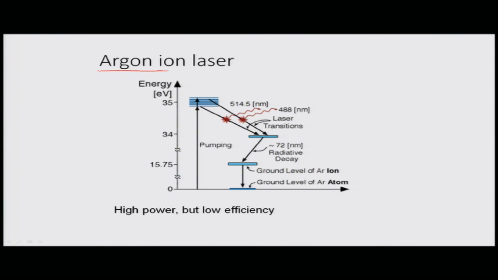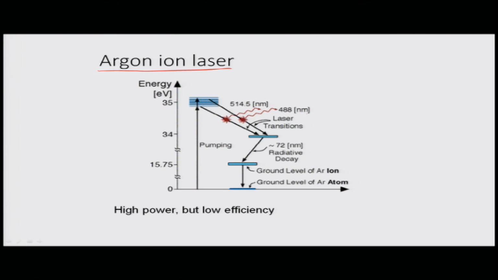The other important gas laser is the argon ion laser, where the pumping is done by, again, a plasma created by electric discharge, and then we get different laser transitions.